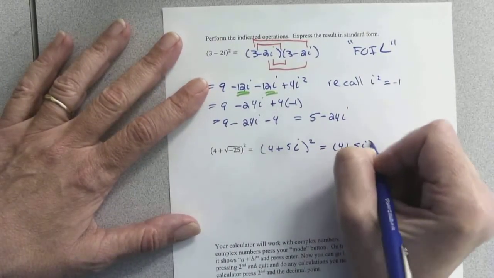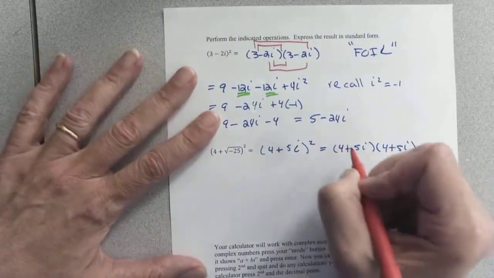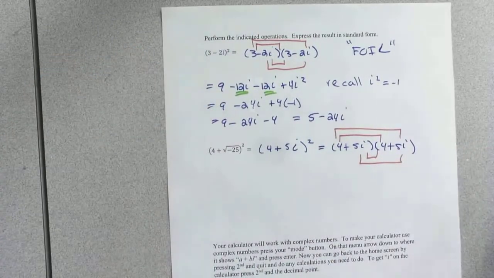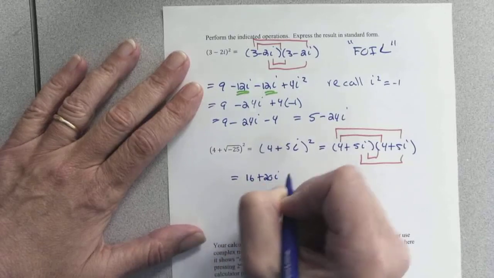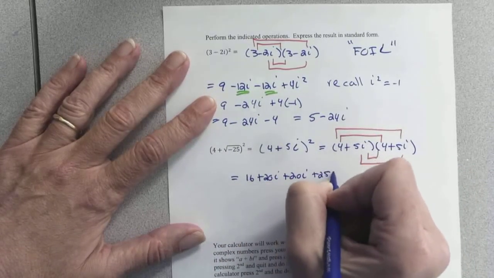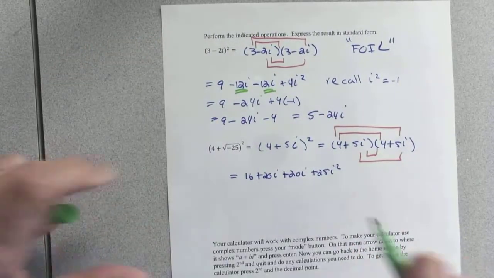And then the square means 4 plus 5i times 4 plus 5i. And again, we're going to FOIL that out. And so I'm going to get 16 plus 20i plus 20i plus 25i squared. Got some like terms here.